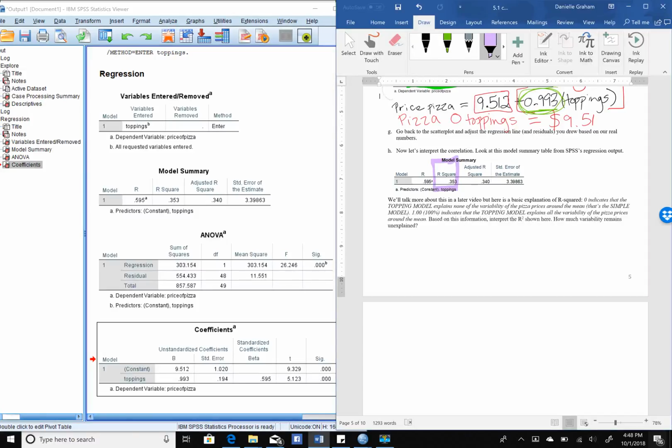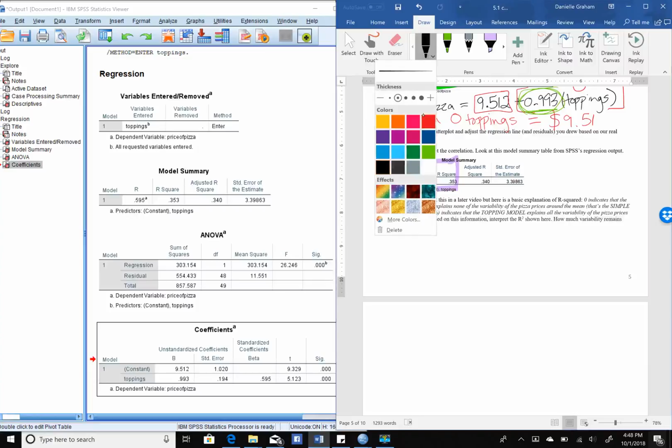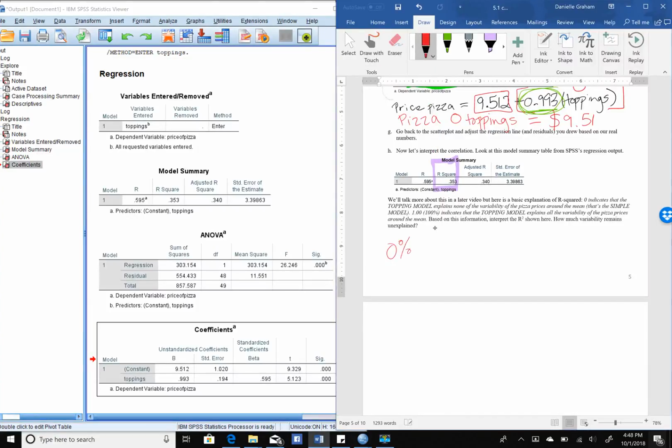So you can think of this as a way of looking at how good our model is. And you think of it as ranging from like 0% is a really bad model, 100% is a perfect model, right?